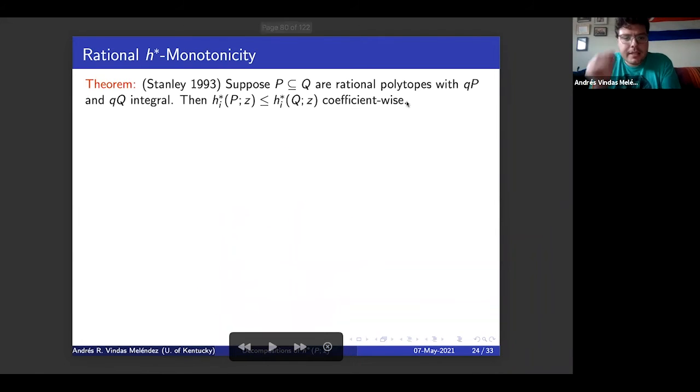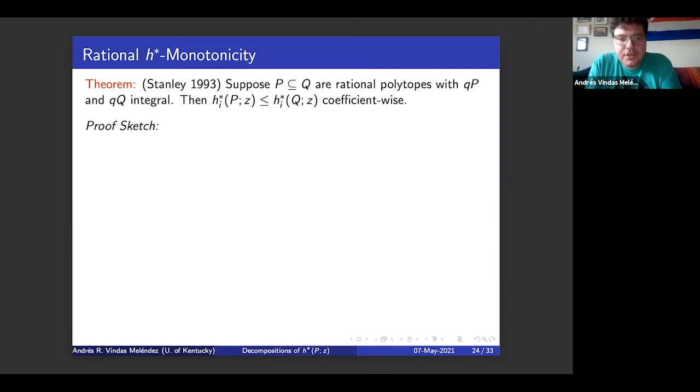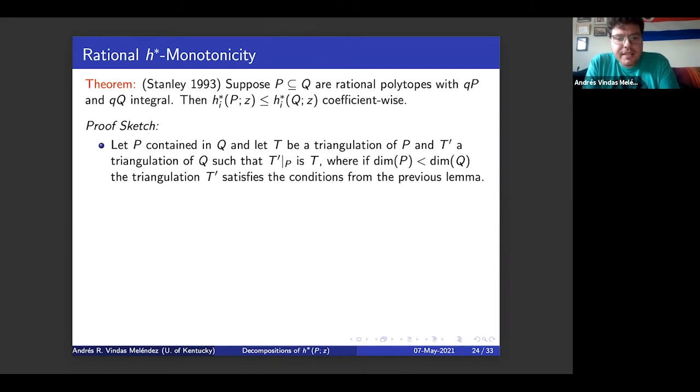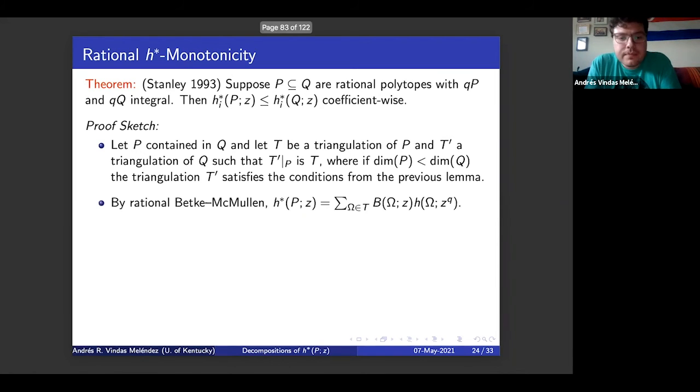Awesome. And so here's Stanley's result again, and let's do a proof sketch. This is, again, the setup that we mentioned earlier. Okay, so T prime restricted to P is T, which is a triangulation of P. By my rational Betke-McMullen result, I know that my H star polynomial of P should be of this form.